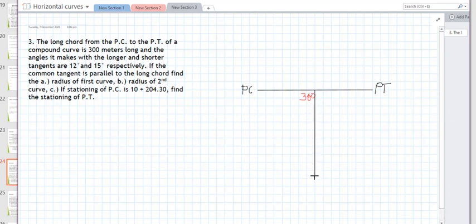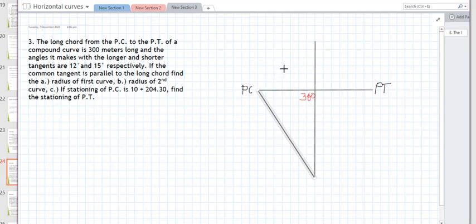So this is the straight. Okay. So we have given here if the common tangent is parallel to the long chord.